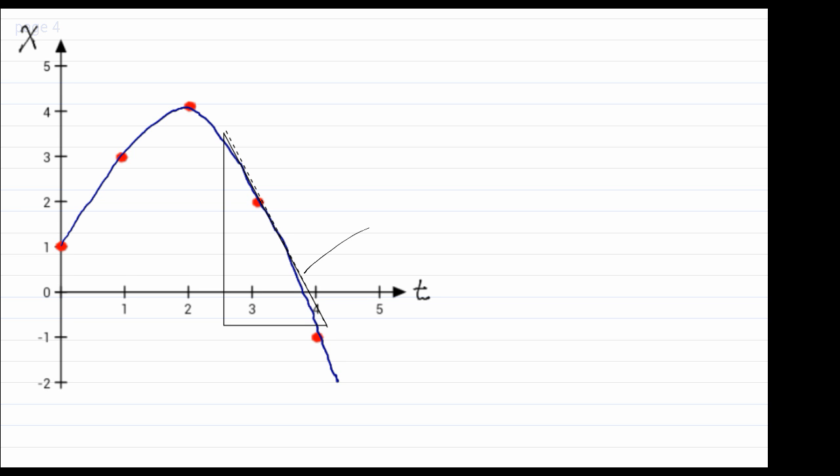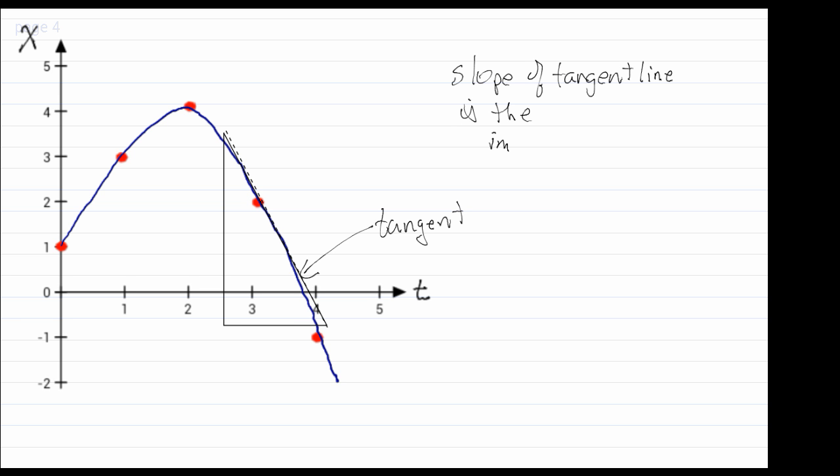So this hypotenuse right here is our tangent, and the slope of the tangent line is what we call the instantaneous velocity. Okay, so we call that V, and it's whatever that slope is.